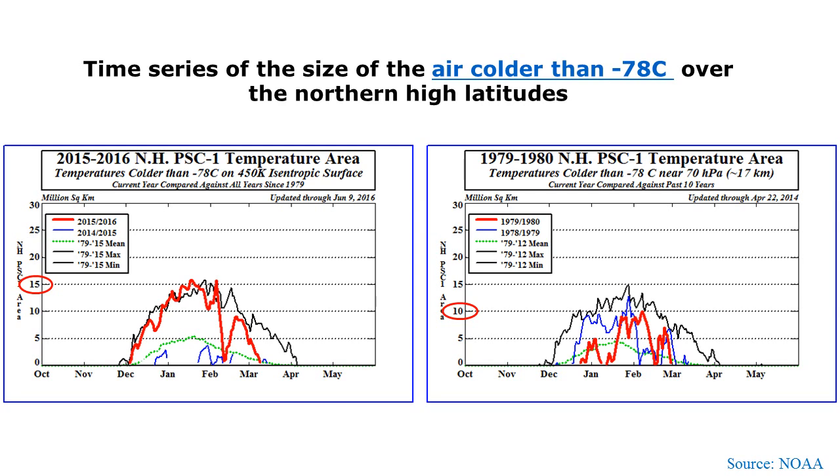And the study also shows that the Arctic is getting cooler in recent decades, from the size of air cooler than -78°C. Some scholars claim that it is because greenhouse gases cool the stratosphere, and they also worry that this would worsen Arctic ozone depletion.